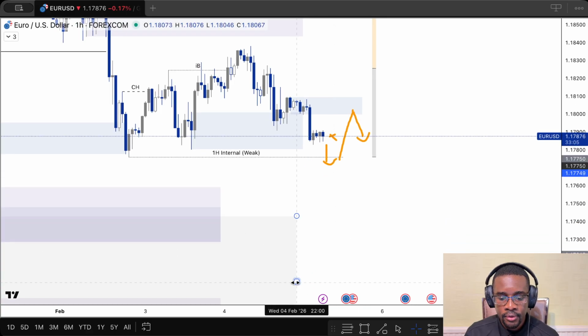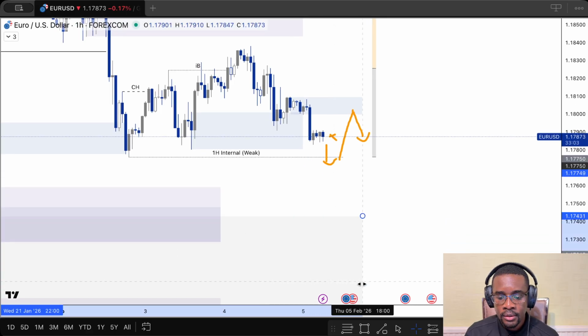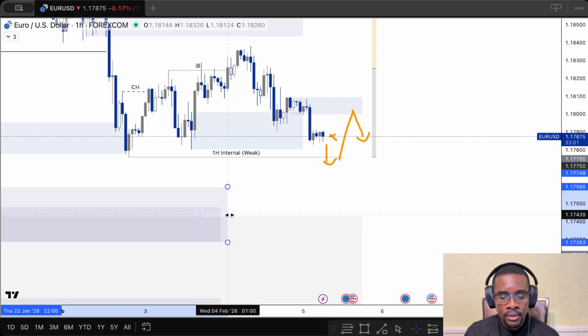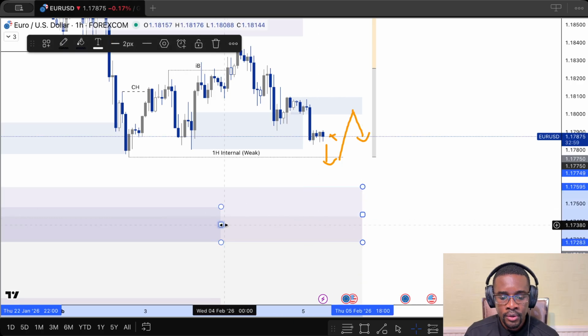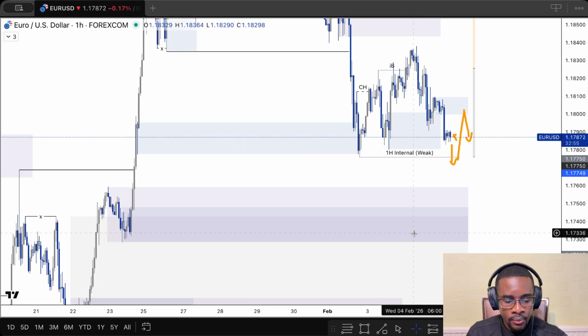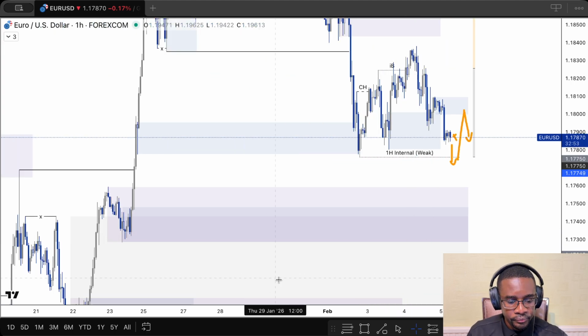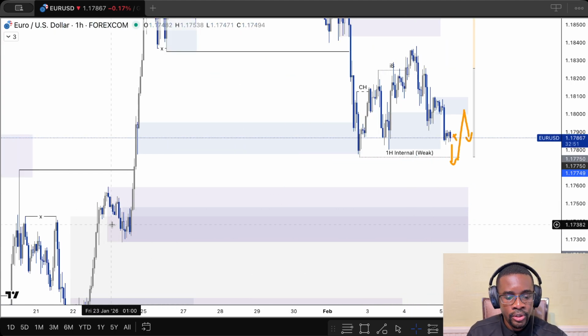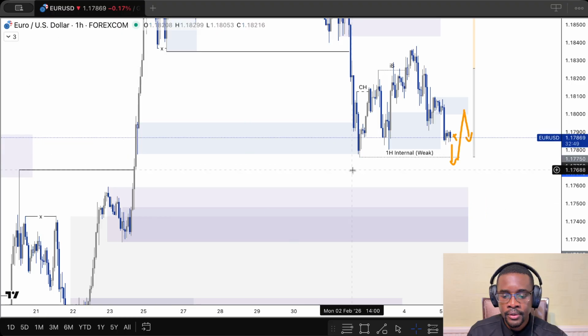All the while the expectation being that we have in this daily demand, in this 4 hour and this nested 1 hour. Okay, so this is the decisional area that led to the break of structure.